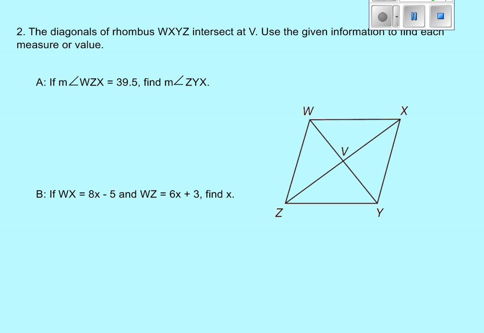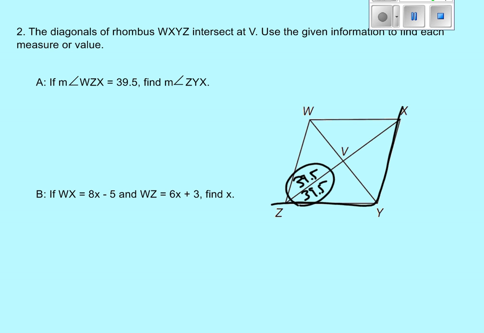The diagonals of a rhombus, WX and YZ, intersect at V. Use the given information to find the measure value. WZX, sounds like a radio station, is 39.5. Find ZYX. So find this angle right here. Well, this is 39.5. That means this is 39.5 because it's a rhombus.